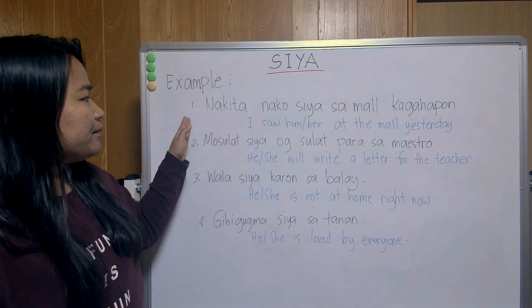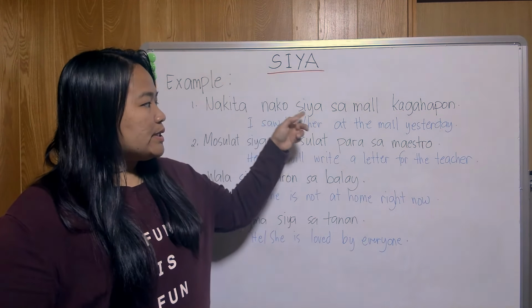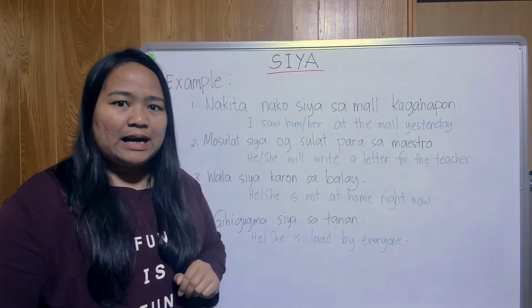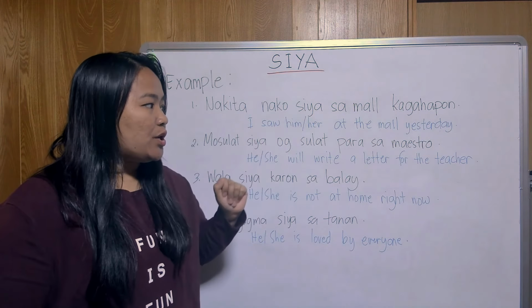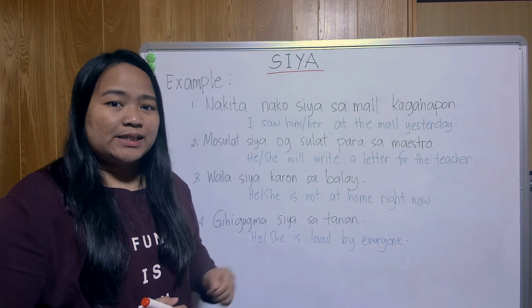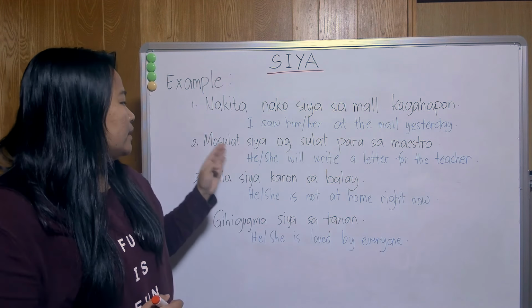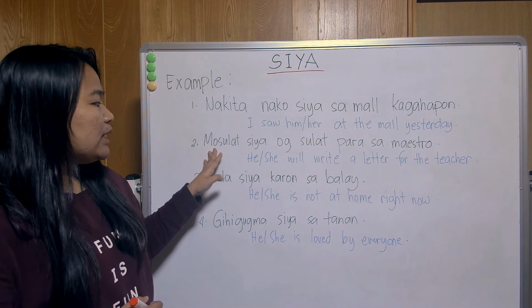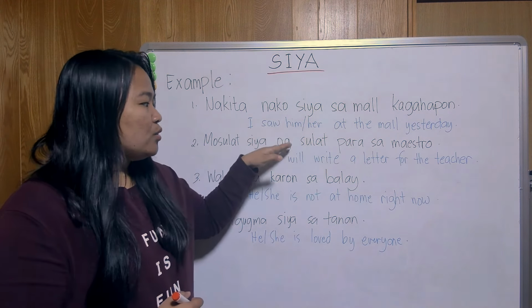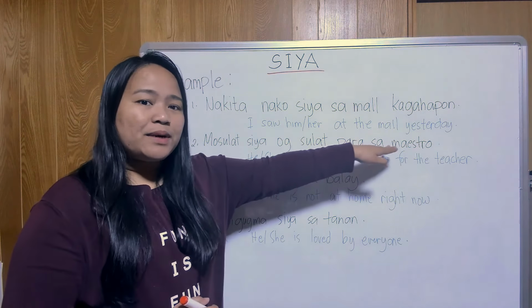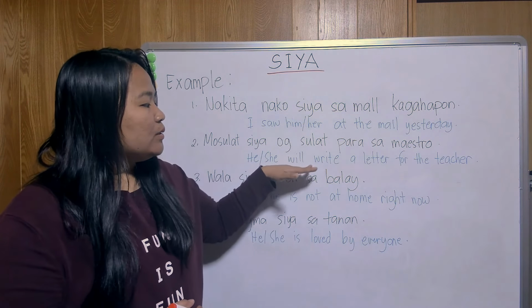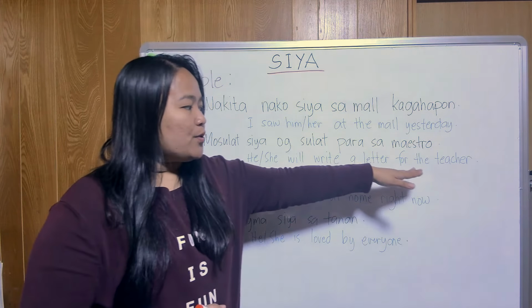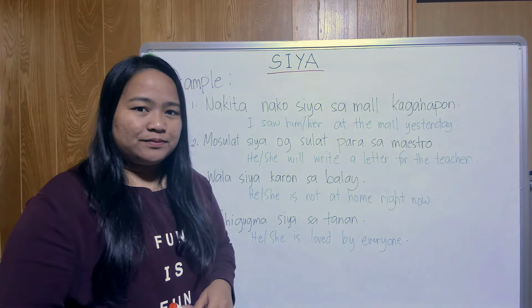Now let's have further examples. So number 1, nakita nako siya sa mall kagahapon. It means I saw him or her at the mall yesterday. Number 2, musulat siya og sulat para sa maestro. It means he or she will write a letter for the teacher.